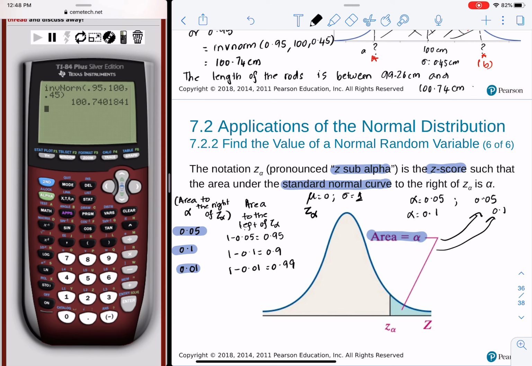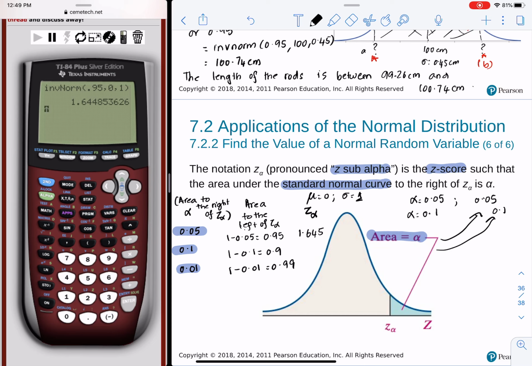So case number 1, second vars, option 3, the area below or to the left of Z alpha is 0.95. The mean is 0, standard deviation is 1 because we are dealing with the standard normal curve, and the answer happens to be 1.645.